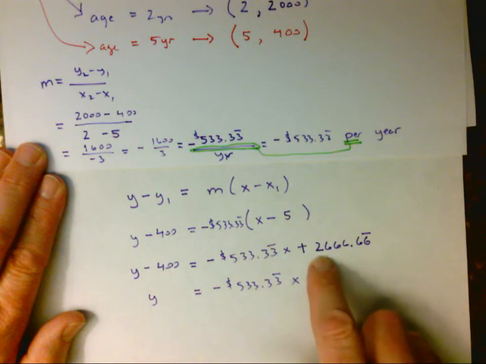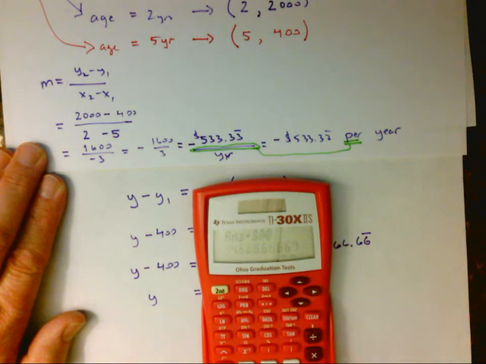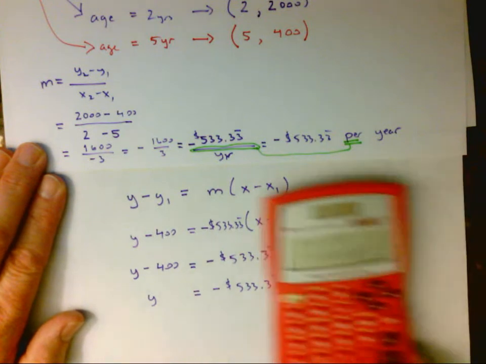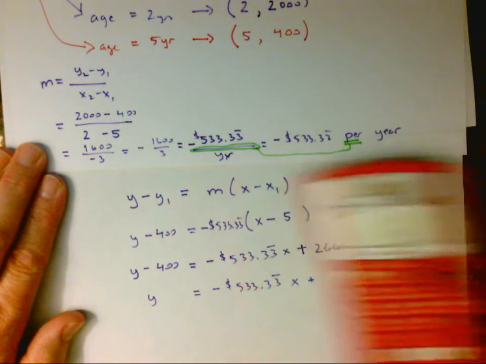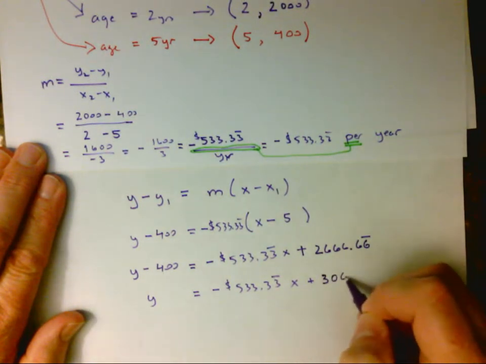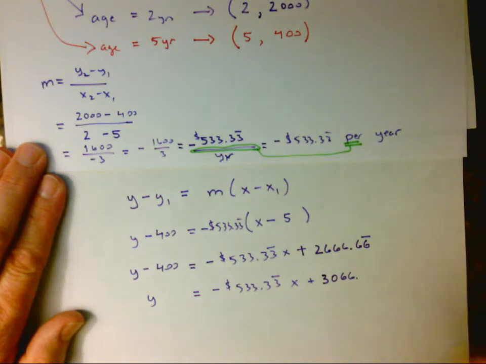If I add, I'll be up above 3,000, so slight mistake there. So 2666.6 plus 400. That's better. I could have actually done that in my head faster. 3066.66 repeating.